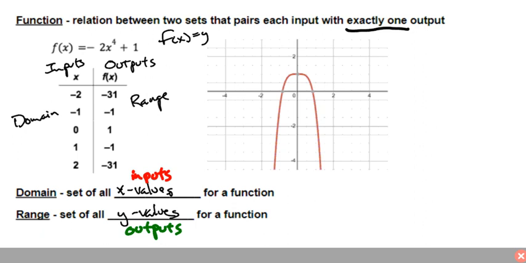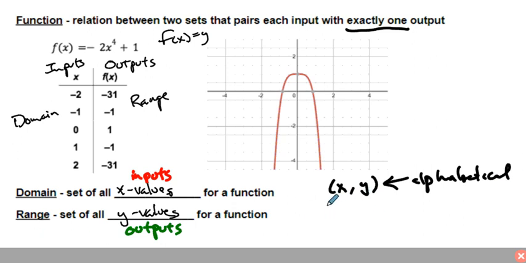The way I remember domain and range is to think about the way we have a set of points written: x, y. The way we can remember x and y is that it's alphabetical, x comes before y in the alphabet.